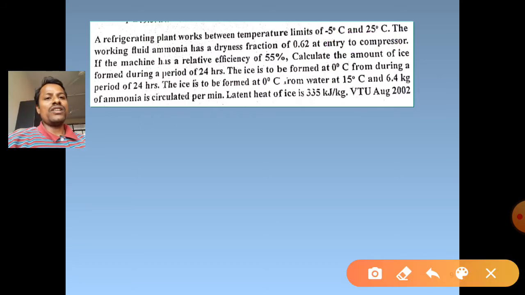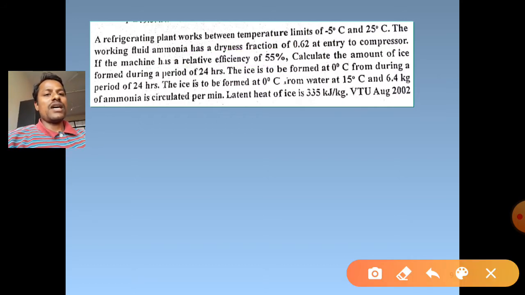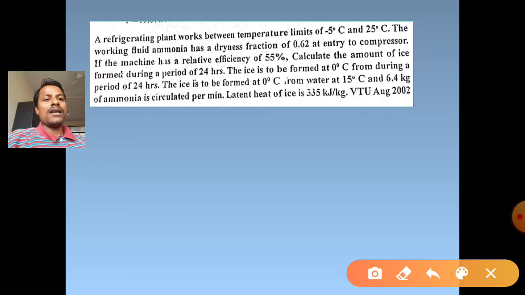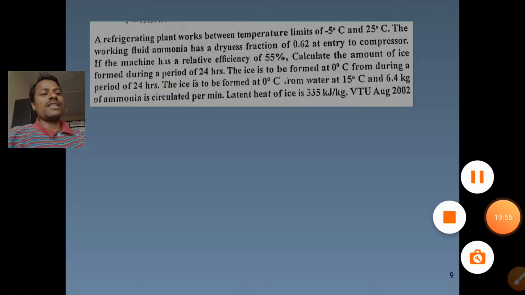Then if a machine has relative efficiency, that is machine efficiency, of only 55%, calculate the amount of ice formed in a duration of 24 hours. So, how much quantity of ice this refrigerator is able to produce for us. The ice is to be formed at 0 degree Celsius during a period of 24 hours, from water at 15 degree Celsius.